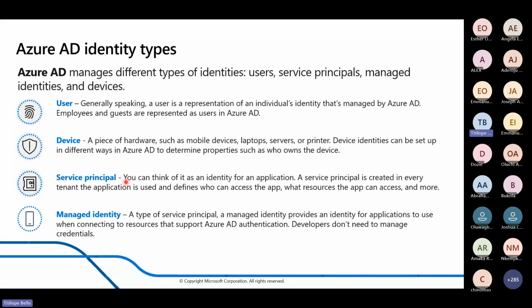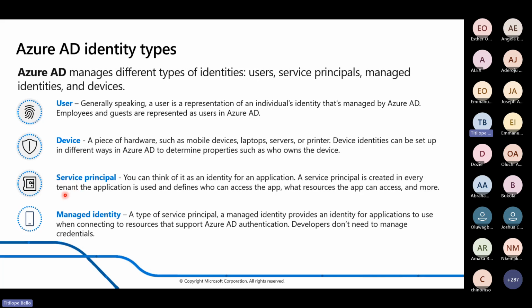Service accounts in the cloud represent service principals. So when you hear service principal, it shouldn't be strange to you. It's a type of identity that you have in Azure AD that allows your application to identify itself and ensure that it has access to perform the action it is trying to perform.